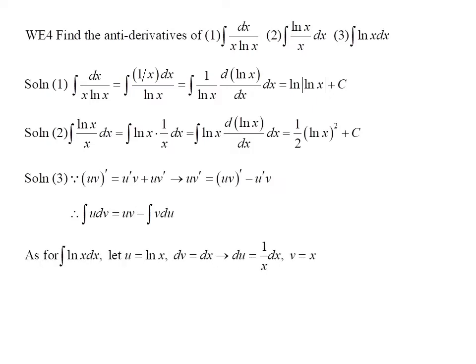Now, we let u equals ln of x, dv equals dx. Hence, du is 1 over x dx, v equals x. Then, the antiderivative can be written as x ln of x minus the integral of x times its reciprocal dx, which equals x times ln of x minus x plus c.